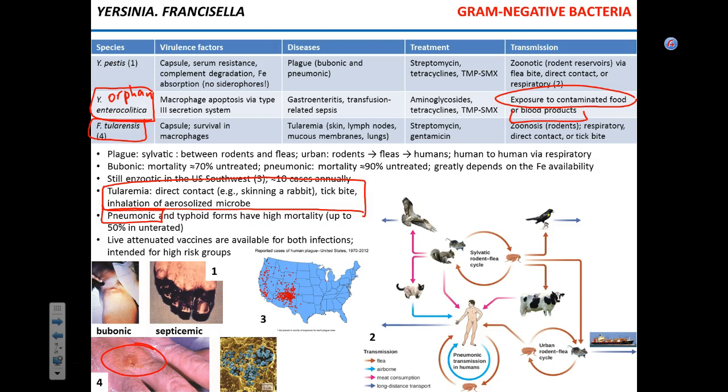Interesting thing about tularemia is that at some point it was considered to be a potential biological warfare agent. And allegedly, Soviet troops used tularemia as a biological warfare agent against Nazi troops during the siege of Stalingrad. There is an actual report of a tularemia outbreak in the Nazi troops.